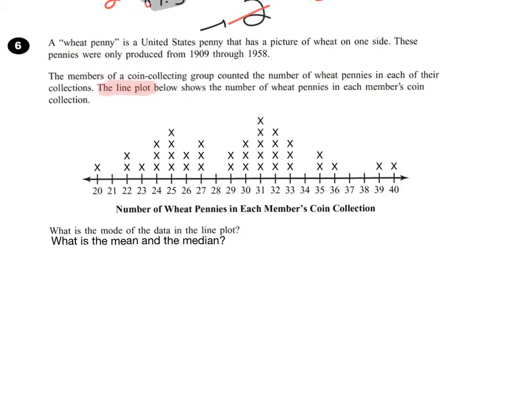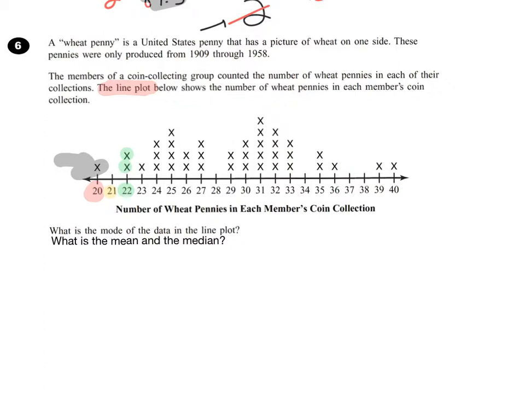So that basically means one particular member of the group had 20 pennies. Here there's no x's over 21, so no one in the group had 21 pennies. Here there are 2 x's over the 22, so that means 2 members of the group each had 22 pennies.